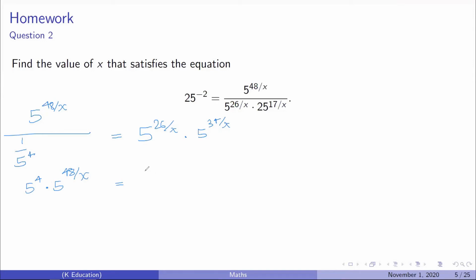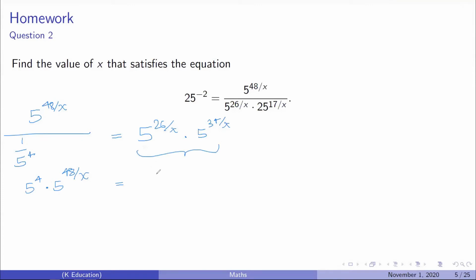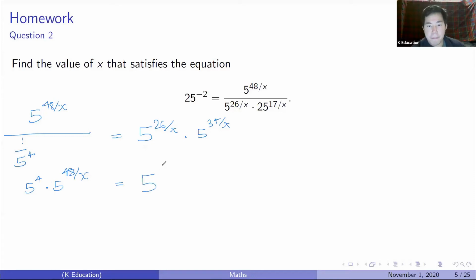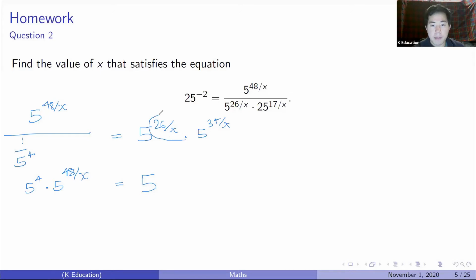And how can you simplify this? Well, as it's multiplication, you'd add the powers. Yep. So what did you get if you add the powers? It's 4 plus 48 divided by x, so 60 divided by x.